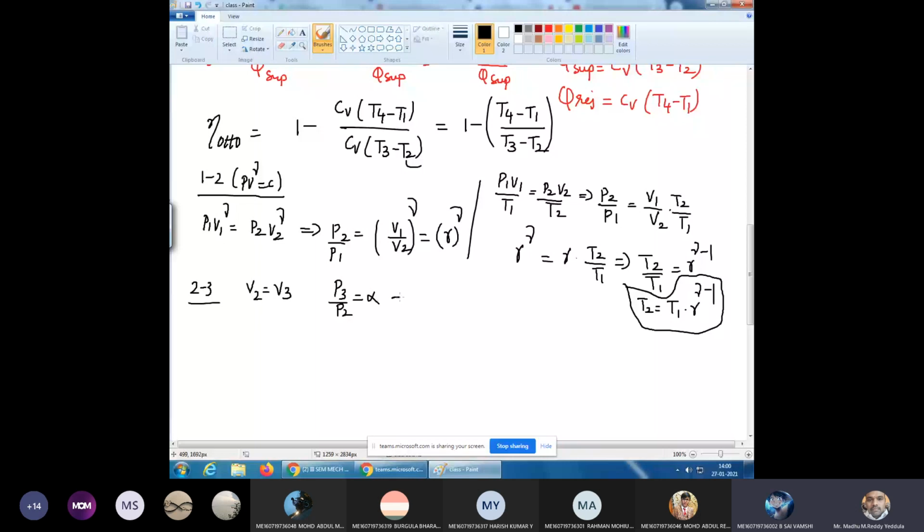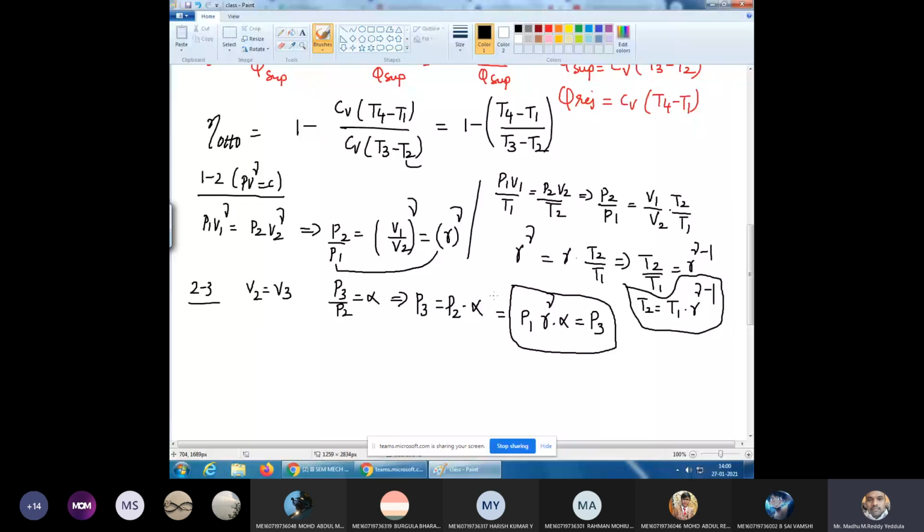Now P3 I can write as P2 into alpha. P2 I can write as P1 into r power gamma, so P3 is equal to P1 into r power gamma into alpha, where alpha is the explosion ratio.